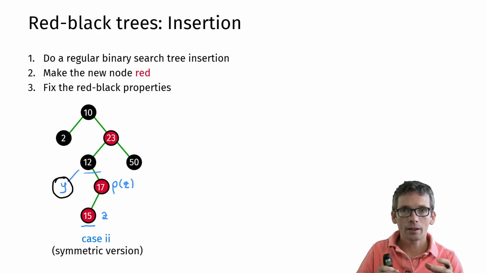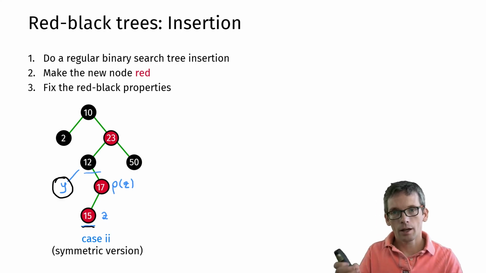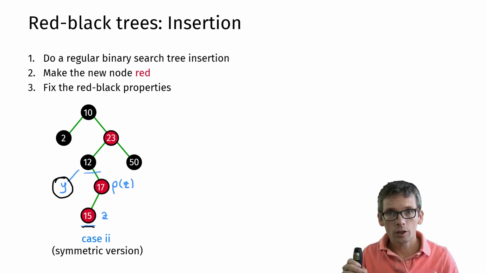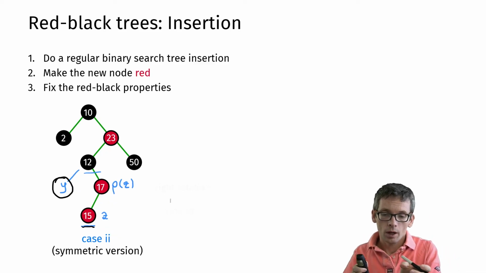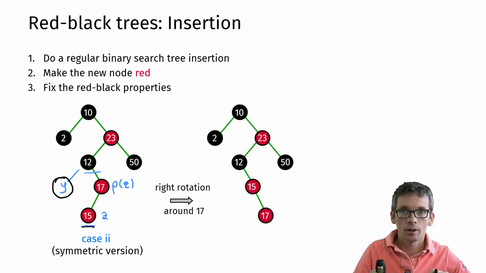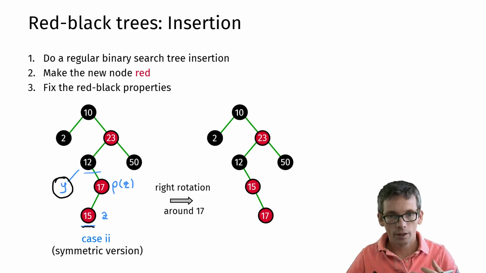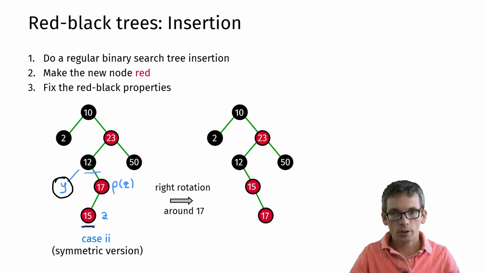And now the case distinction is whether the 15 is the left or right child of the 17. Because it's the left child, we first have to do a rotation around the 17 to make it the right child. The reason for that is that then we can do the rotation at the 12 and fix the property. So we do a rotation around the 17.